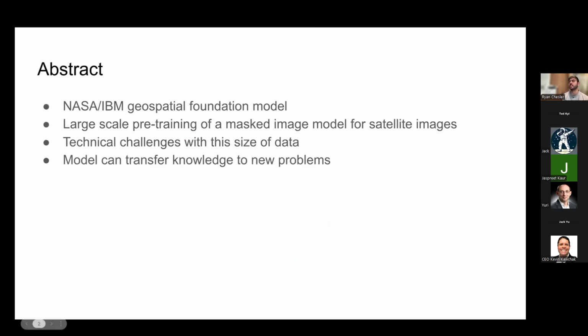What they did is they wanted to pre-train a model that had a lot of knowledge from geospatial information.